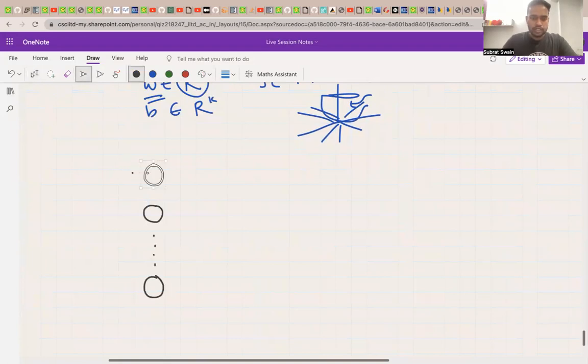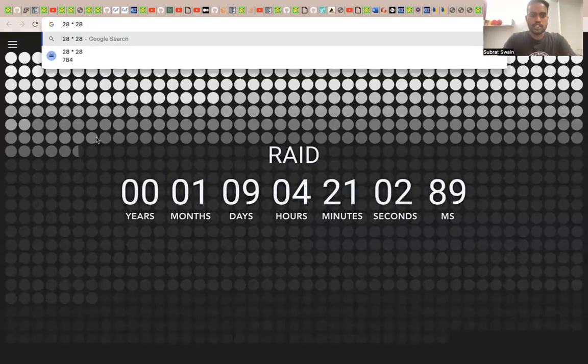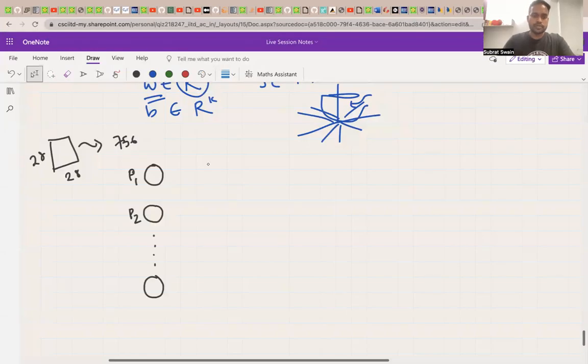One neuron represents one pixel, p1, p2, and suppose you have an image of 28 cross 28, and it's a grayscale image, you'll get 784 total. 28 cross 28 is 784.